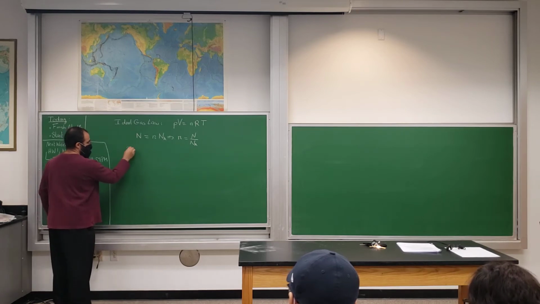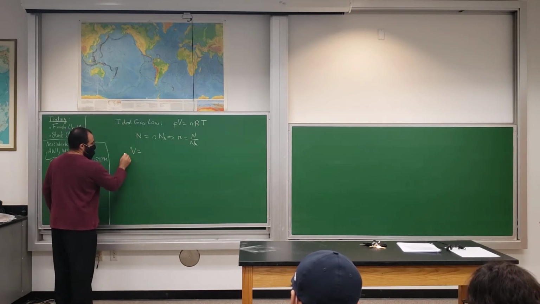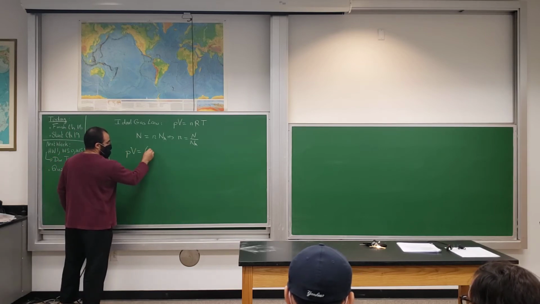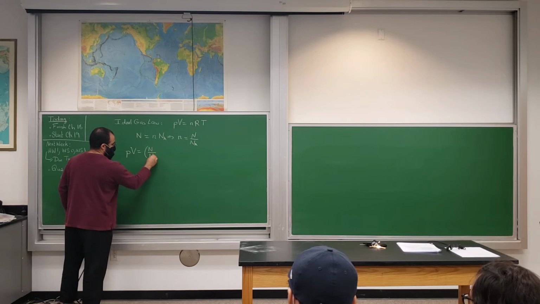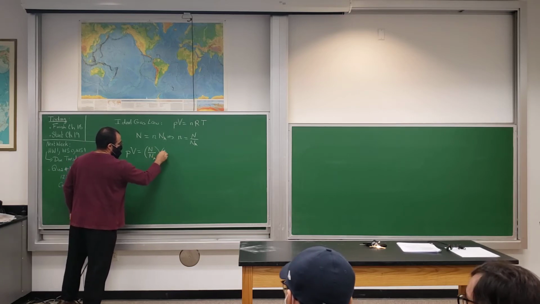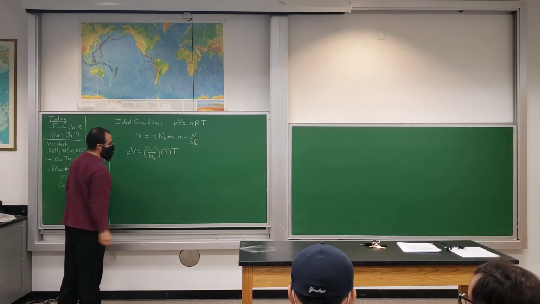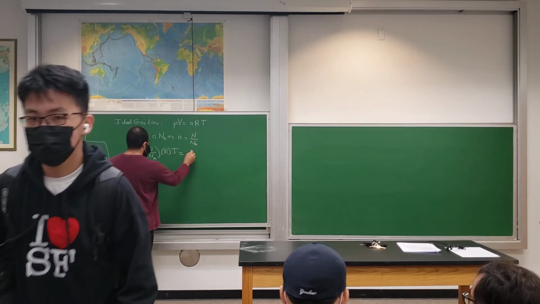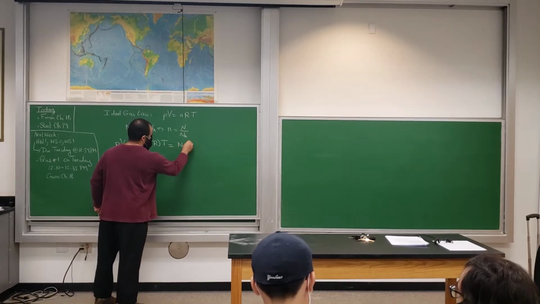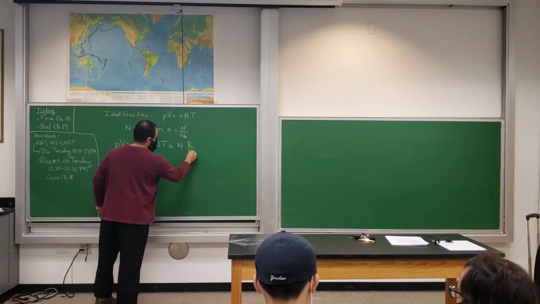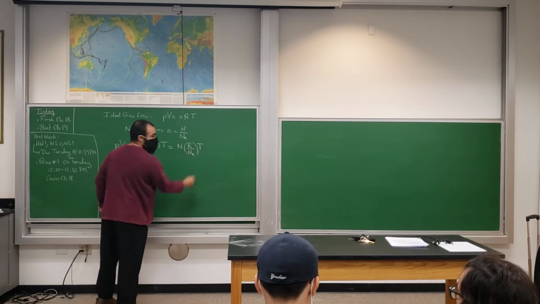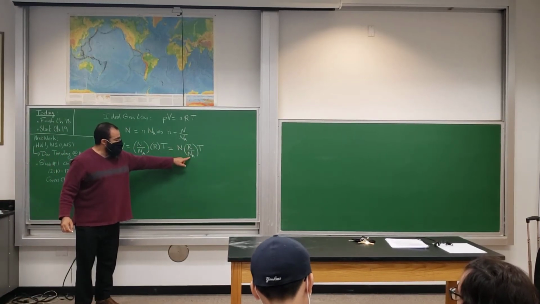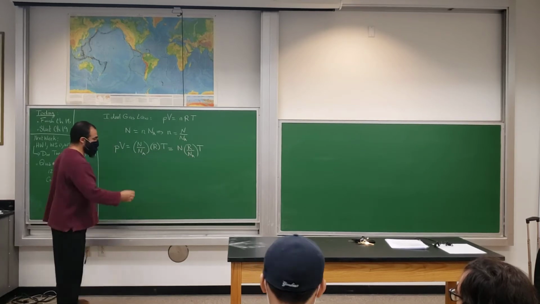So we get PV, and usually P is lowercase in our book, equals nRT, but n is capital N divided by N_A times R times T. I'm going to group them so that the R is divided by N_A. We have N, R over N_A times T, right? And if you divide R by N_A, it's called Boltzmann's constant.